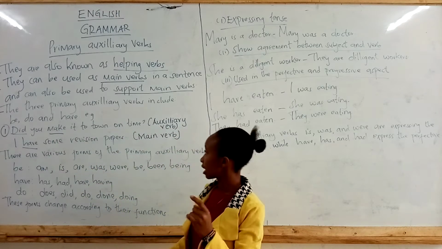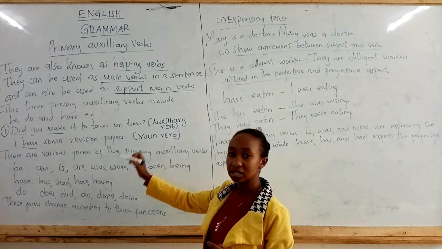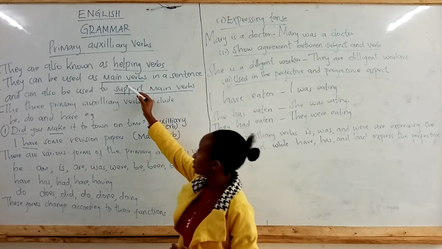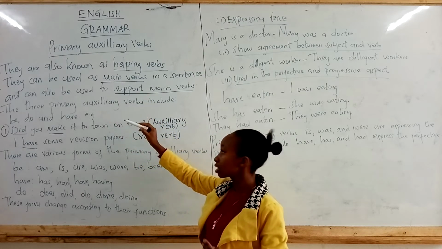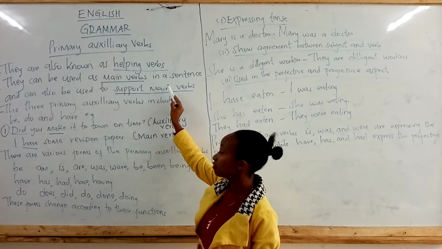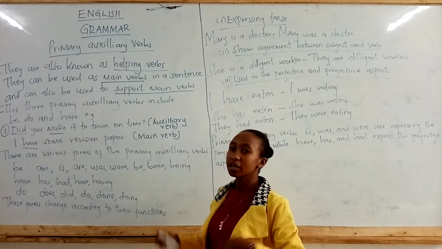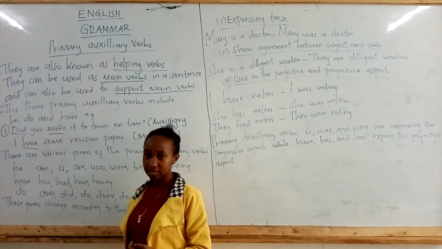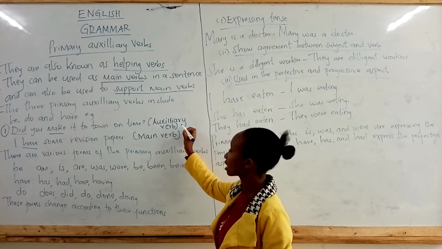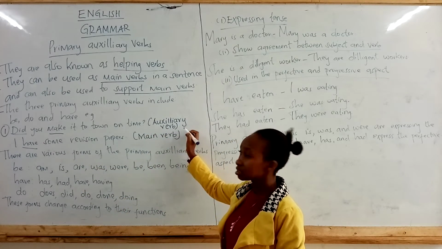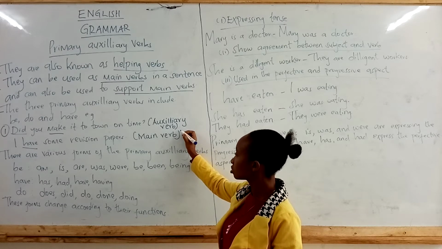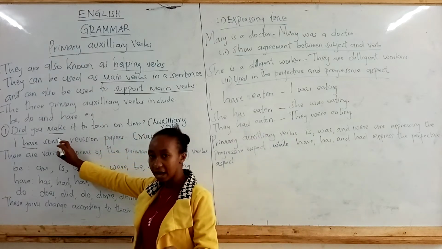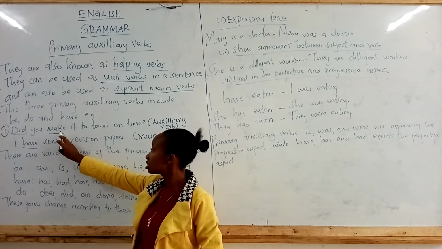So back to what I had said, these auxiliary verbs can be used as main verbs, and they also can be used to support the main verbs in sentences. If asked the function of did in this particular sentence, we are going to say that it is an auxiliary verb, simply because it has been used to support the main verb in this sentence, which is make.